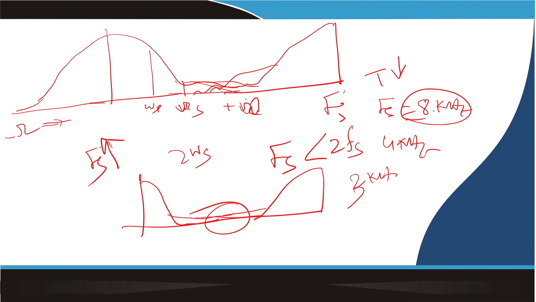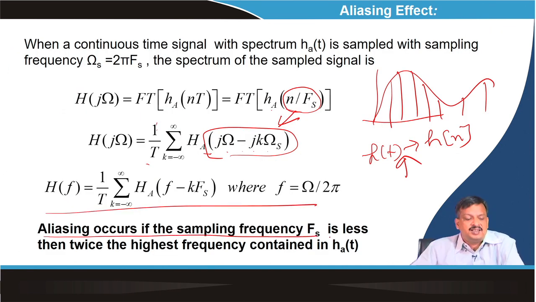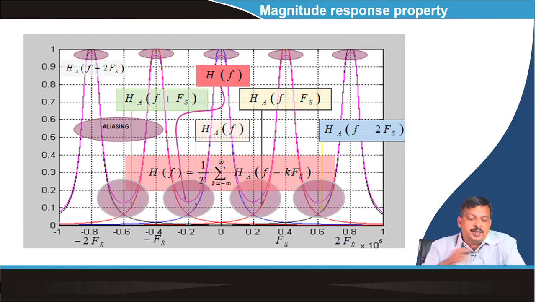Okay, so that is explained in mathematics like this. Aliasing occurs if the sampling frequency is less than twice the highest frequency component of H hat. Is it clear? It will look like this. This is the picture, this is my H(F).